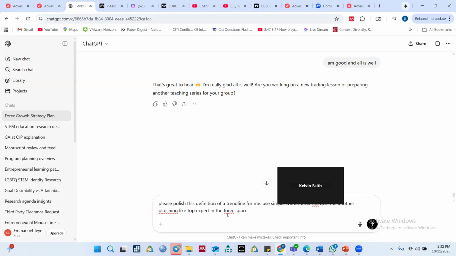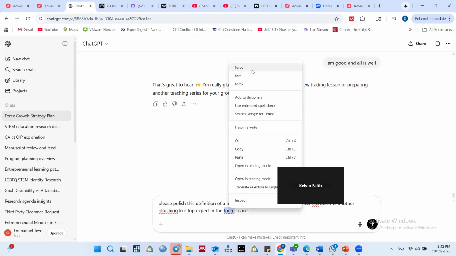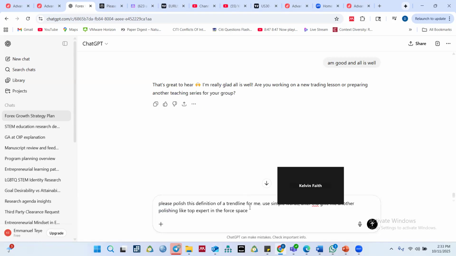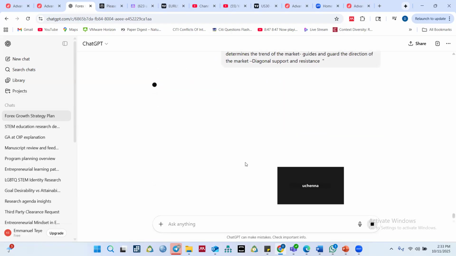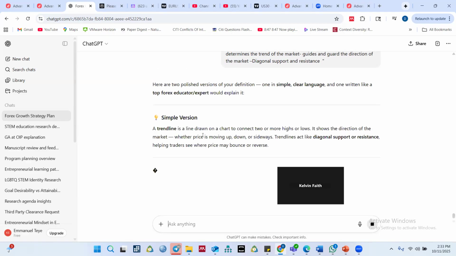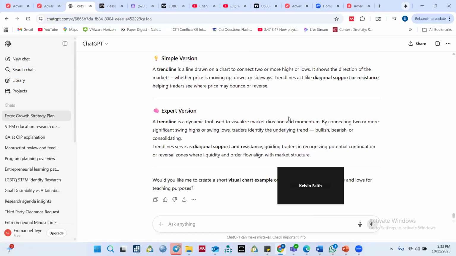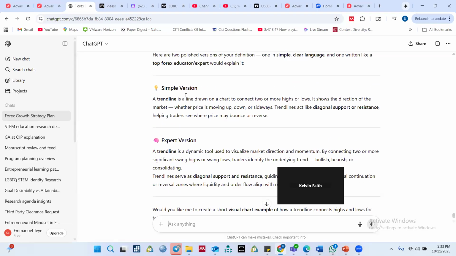Let me correct this. Then I will paste the definition. Sorry, forex space, not force. It knows what we are saying, so it's going to give us good results. So, simple version: a trend line is a line.